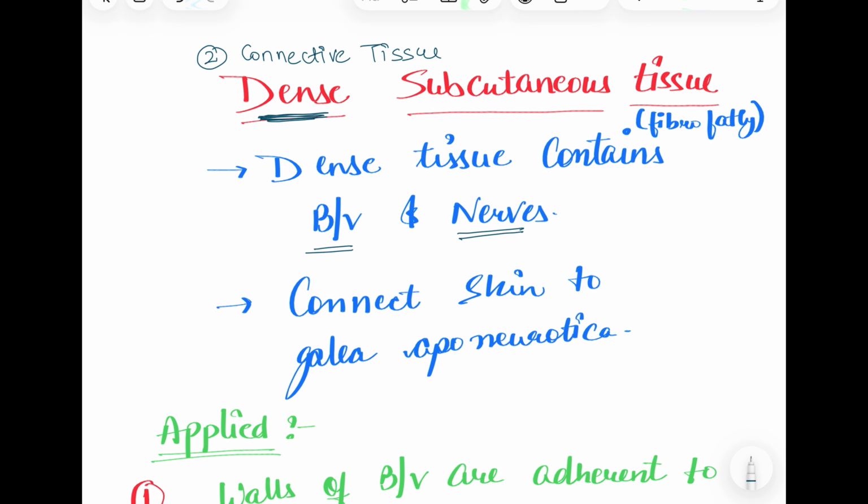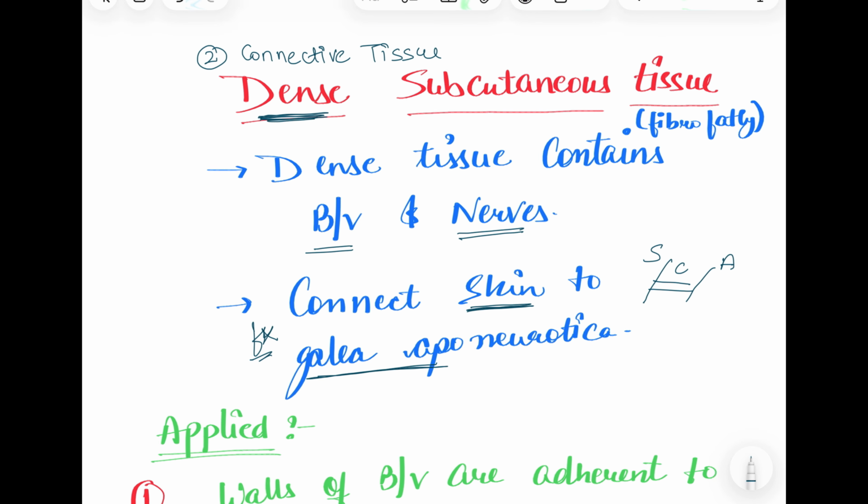So basically, what is the function of this connective tissue? It is going to connect the upper layer, that is your skin, to the layer below, which is your aponeurosis, and is going to firmly connect these two layers. That is the function of your connective tissue, right?